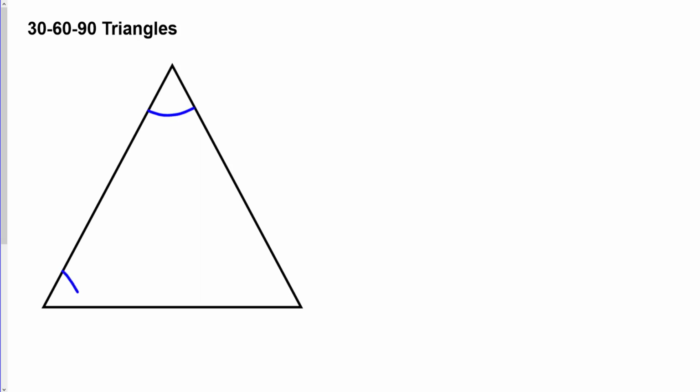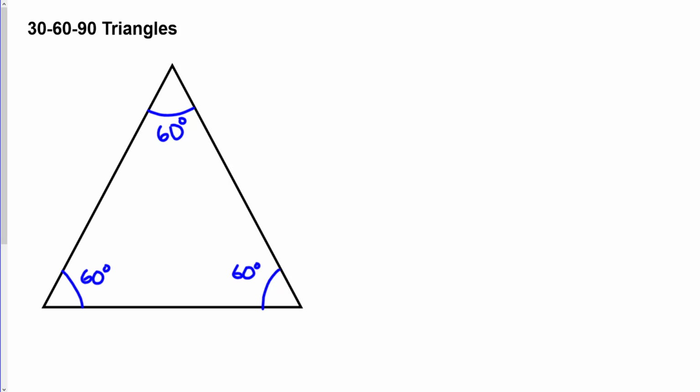If all angle measures are the same, then those angle measures have to be 60 degrees, because the total sum of all angles in a triangle is always 180 degrees. So if you have three angles that are the same, 180 divided by 3 is 60.